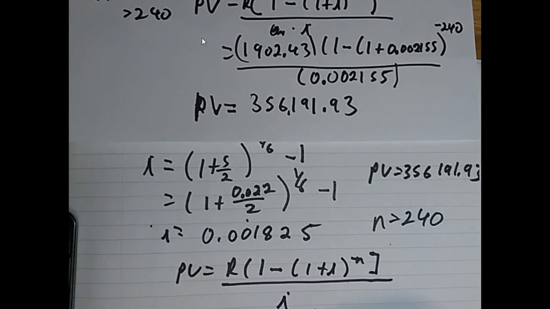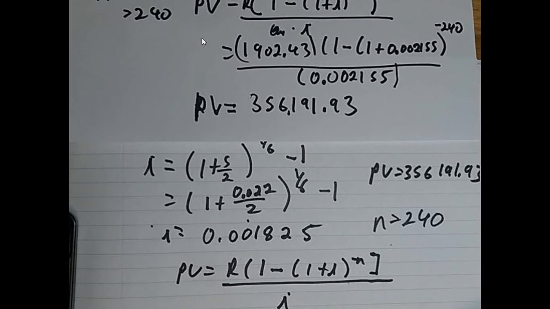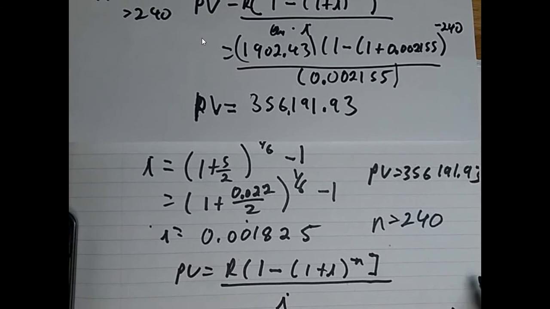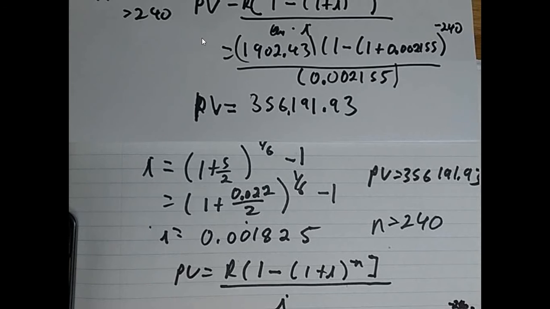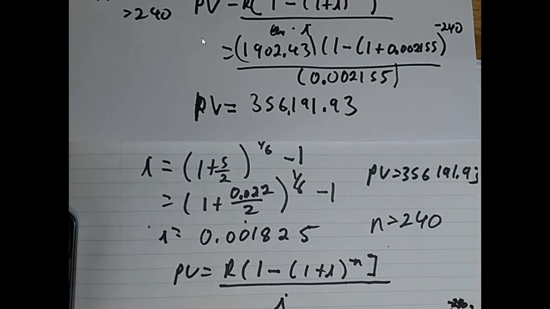R, over here we get 1 minus 1 plus 0.001825 to the negative 240, all over 0.001825. So 356,191.93 equals R, and we're going to get an answer here.